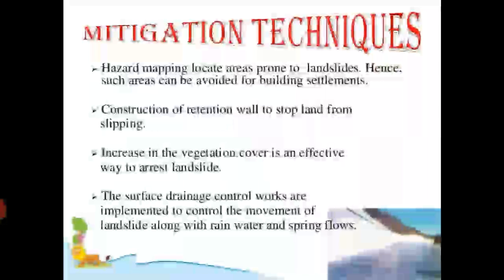Now if we go to the third one, that is mapping of hazard. Mapping of hazard could be done by GIS, that is, Geographical Information System, or by remote sensing technique. So you can identify certain prone areas in the hilly regions.